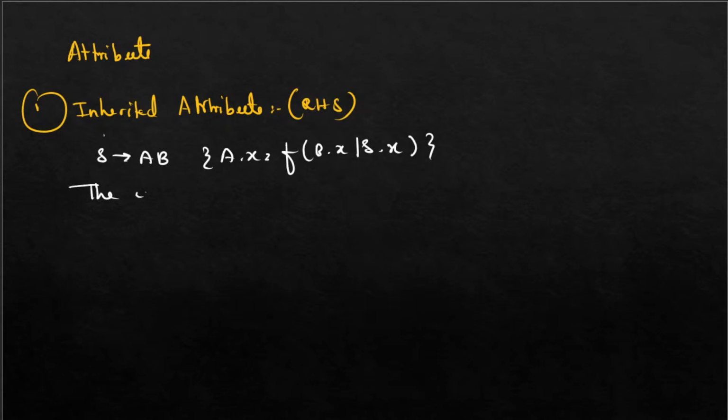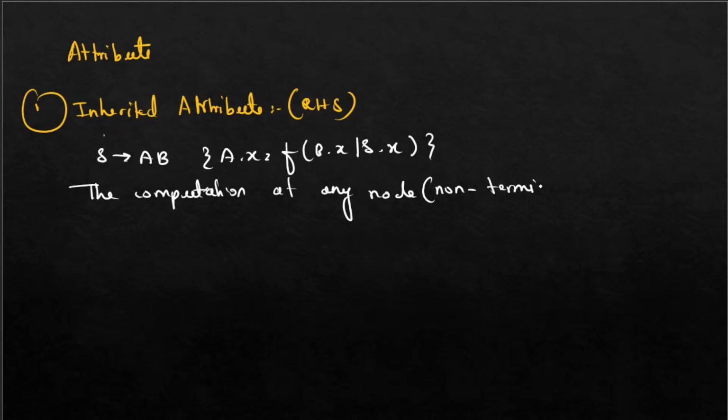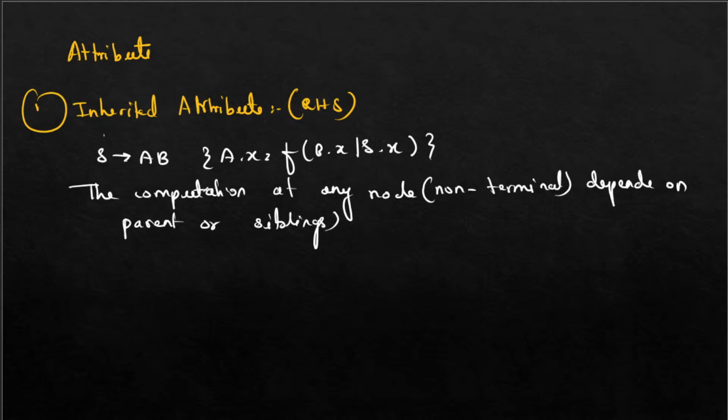So the computation at any non-terminal node depends on parent or siblings. So in this example, X is an inherited attribute.